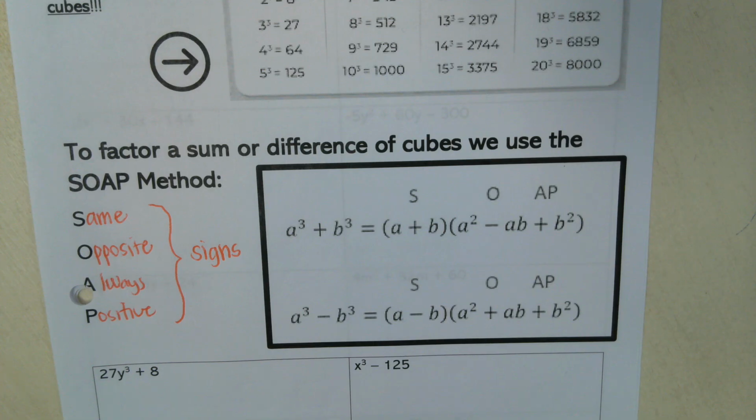I feel like factoring a sum or difference of cubes, it's really more about just getting our signs in the right place than it is about going through this whole process of factoring. If I can break two things down, I'll have everything else I need, okay?